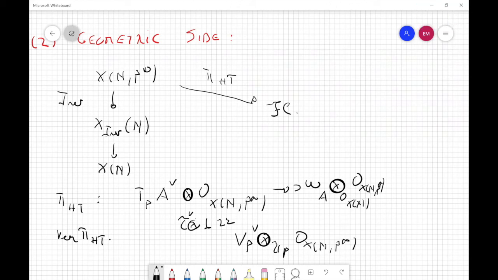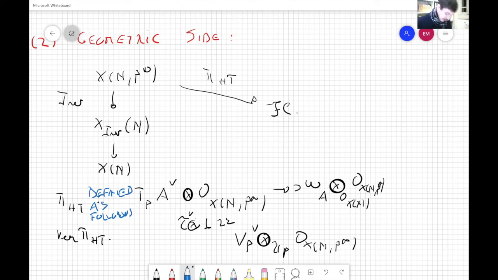Fabrizio, this is not the map pi Hodge-Tate. This is the map that allows you to define pi Hodge-Tate. Right, so that map is defined as follows. Sorry about that, it's very confusing otherwise.